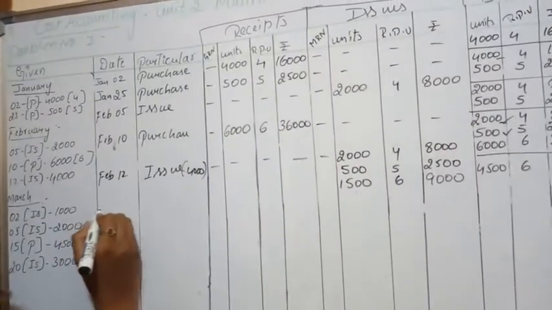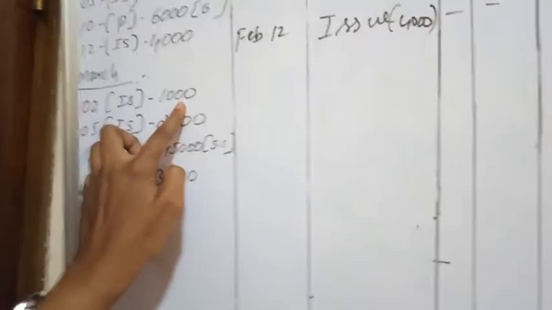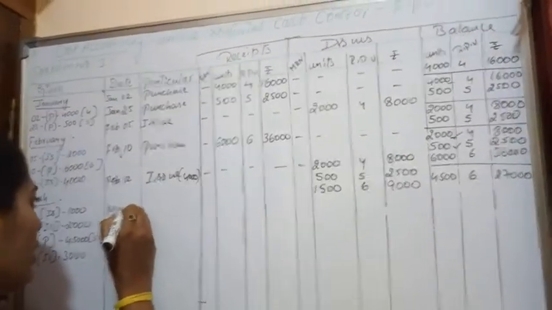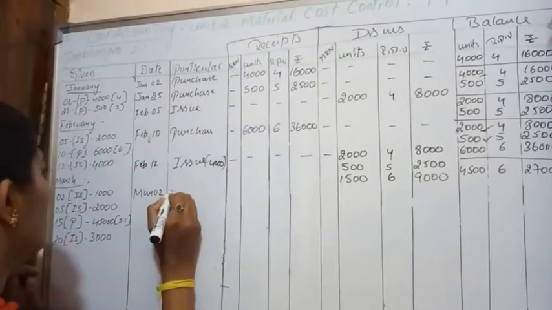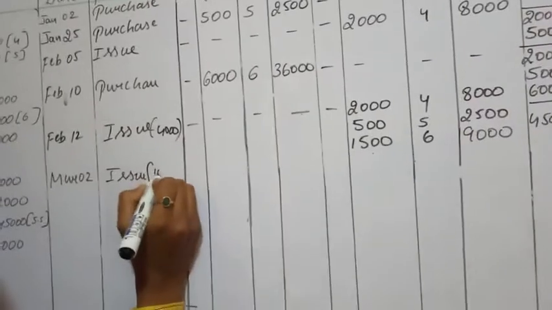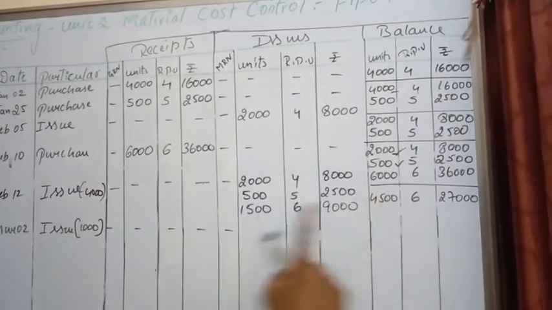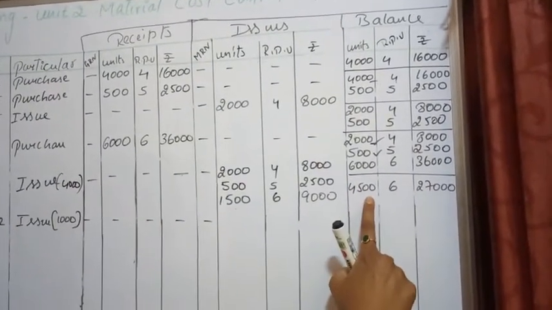Okay. Now let us go to the March month. There is a transaction on March 2nd, issue of 1000 units of material. So now what I am supposed to do, I will record March 2nd issue. What they have asked, 1000. I have 4500.